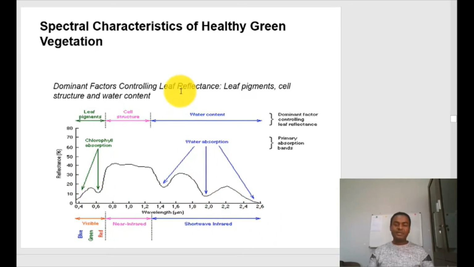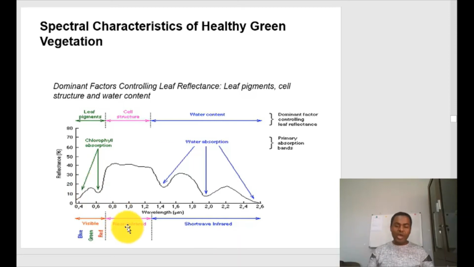Okay, the spectral characteristics of healthy vegetation are controlled by three important factors: leaf pigment, cell structure, and water content. Okay, in the visible portion of the spectrum, the spectral characteristics are controlled by leaf pigment. There are absorption bands because of chlorophyll presence. There are also peaks.